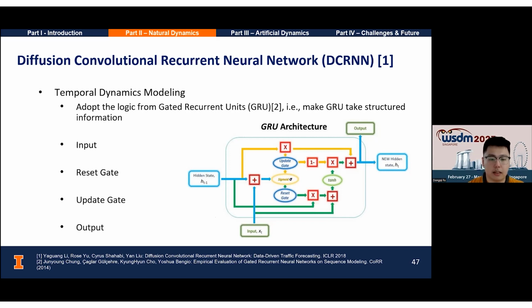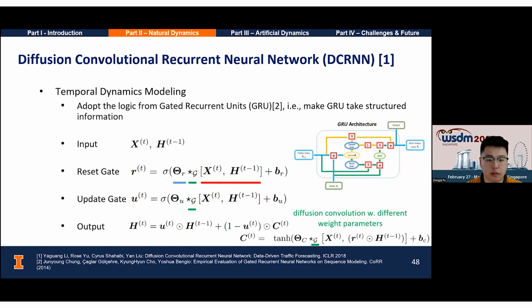We combine these two hidden representations to get the output and the new hidden state, h_t. This structure may be complicated to understand from my words, so let's look at how it is modified to take the structure for the graph diffusion.